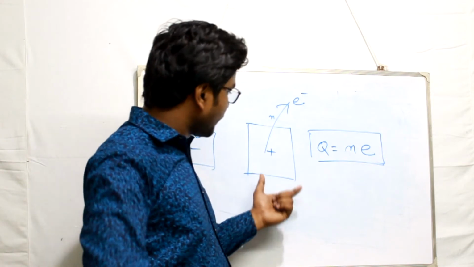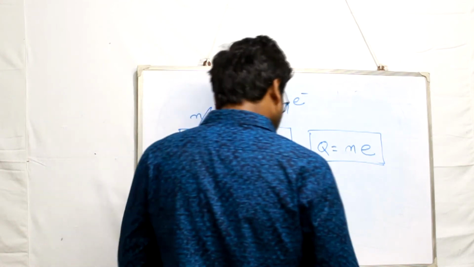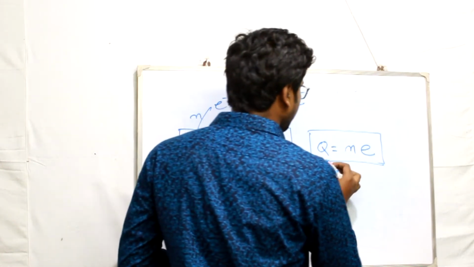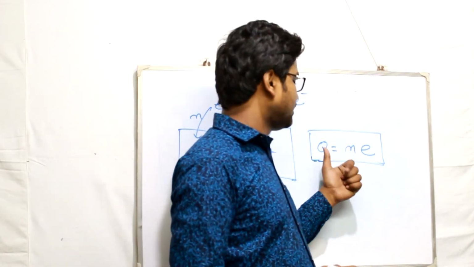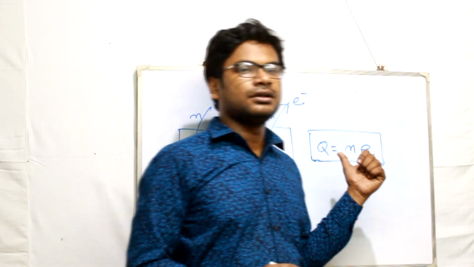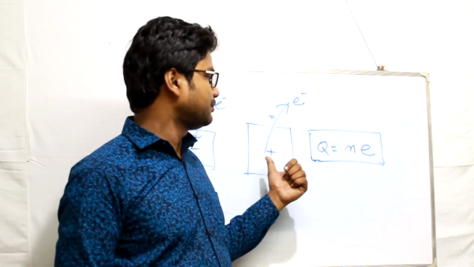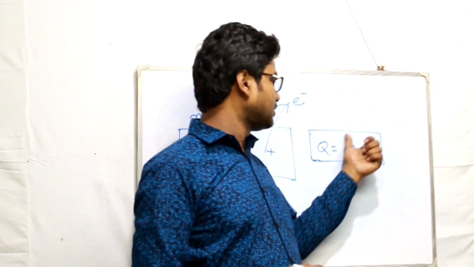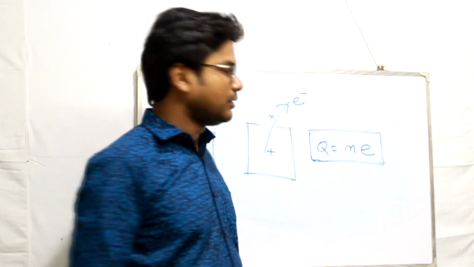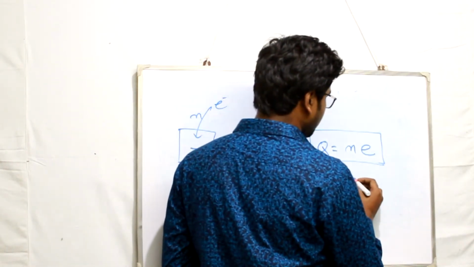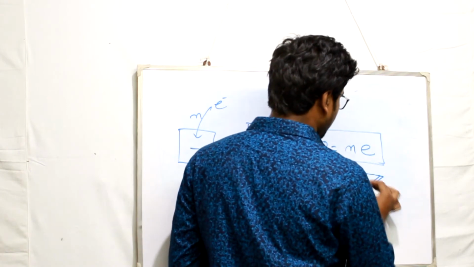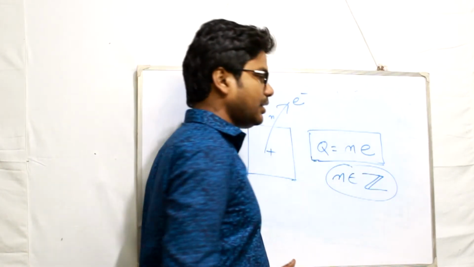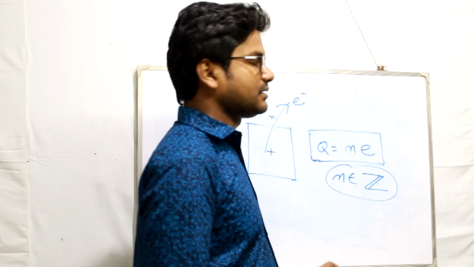Now, if the substance to be electrified has some charge q, the reason for this substance being charged is actually this n number of electrons. So n should be an integer and it cannot be any fractional number.